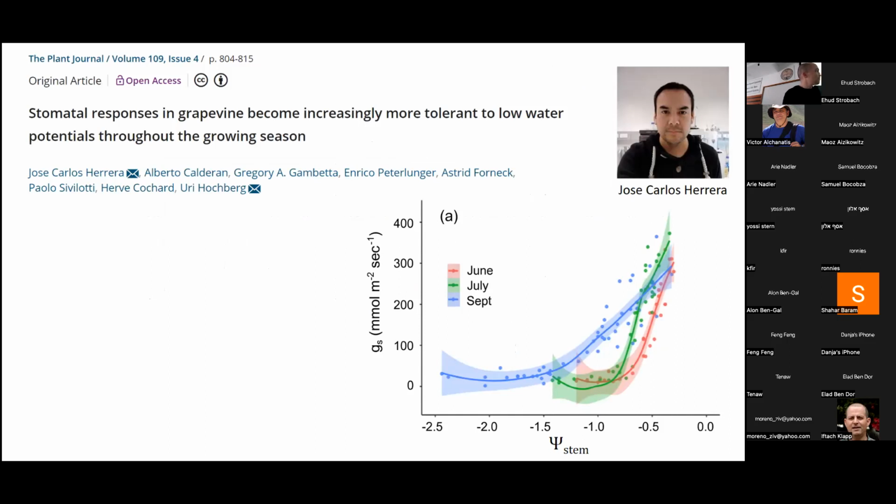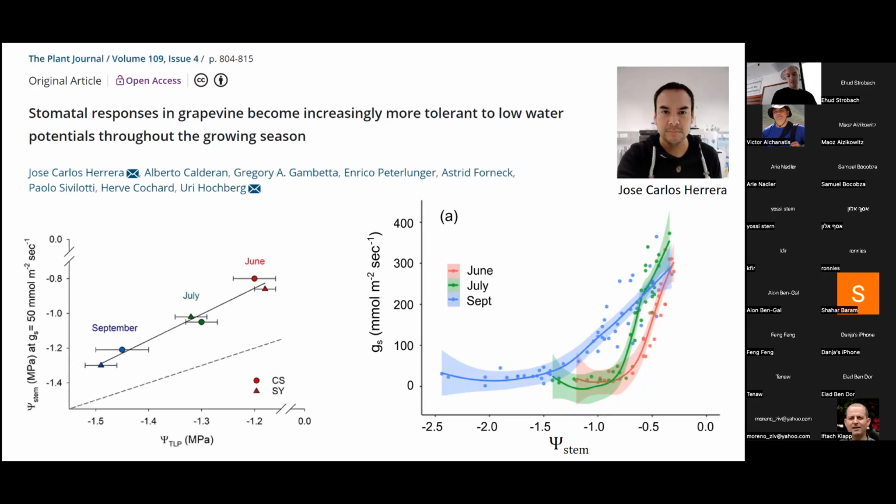In July, full stomatal closure is about minus 0.7 or something, and in September, it's later on. And this is in coordination with the osmotic adjustment and the shift in turgor loss point. As turgor loss point becomes more negative throughout the season, the water potential which leads to stomatal closure also becomes more negative. So plants can transpire more as the season progresses and as it becomes hotter and the soil becomes drier.